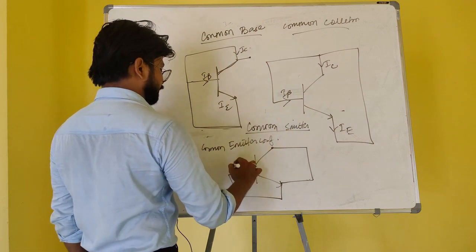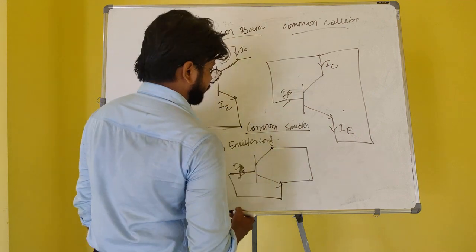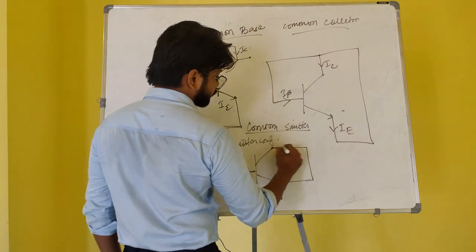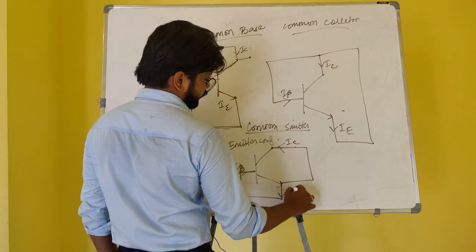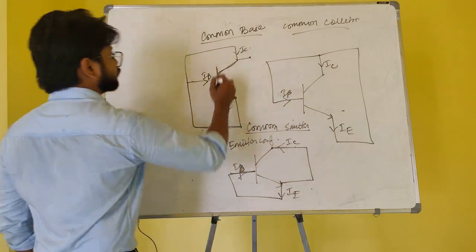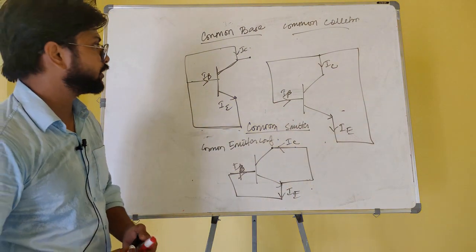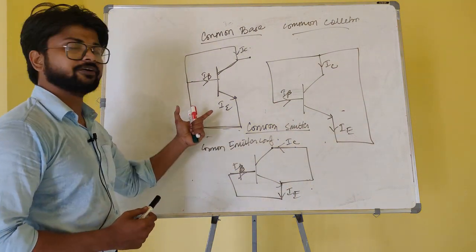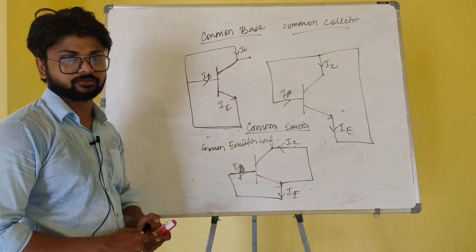So here it is IB, the base current, this is IC, and this is IE. So there are three types of configuration present in a BJT: the common base configuration, common collector configuration, and common emitter configuration.